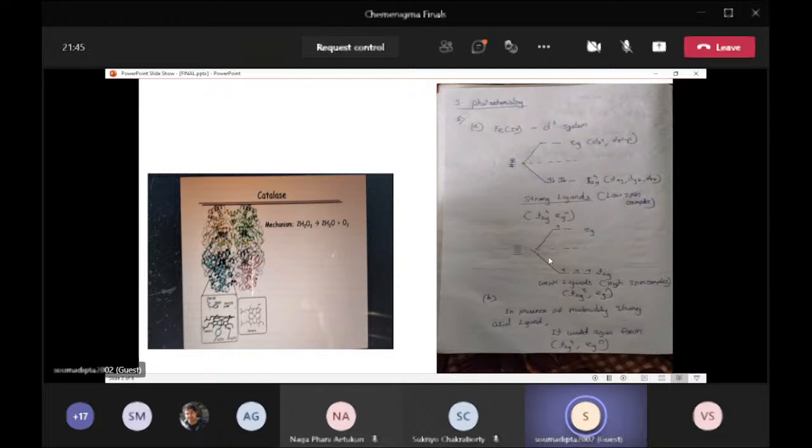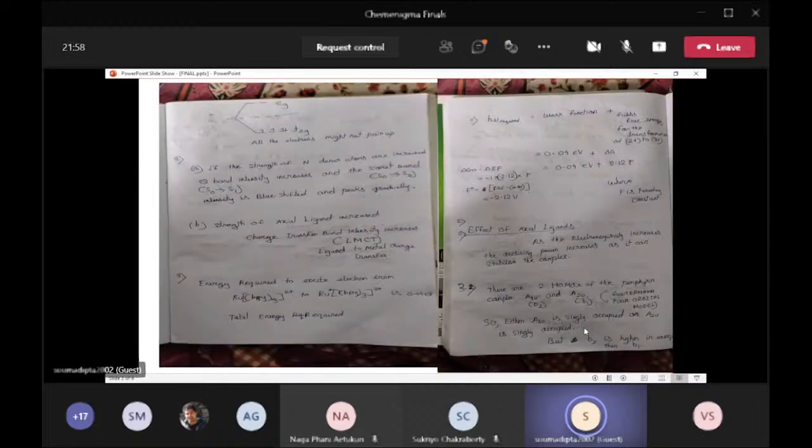And in case of weak ligands, there would be a high spin state and it would form t2g3 and eg1, and in case of moderately strong ligands, it would again form t2g4 and eg0, but here all the electrons might not always pair up. So there we can see 2 electrons are pairing up and the others remain unpaired.